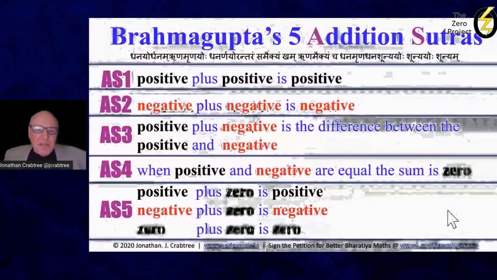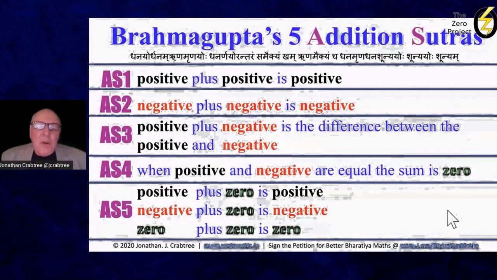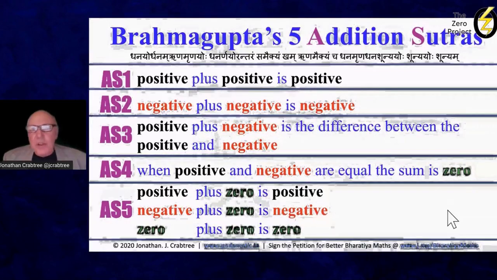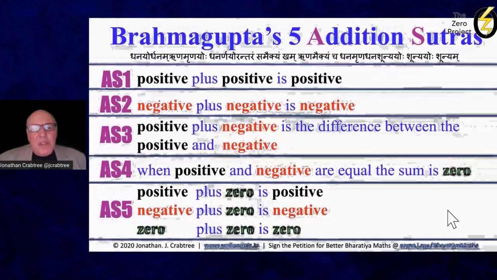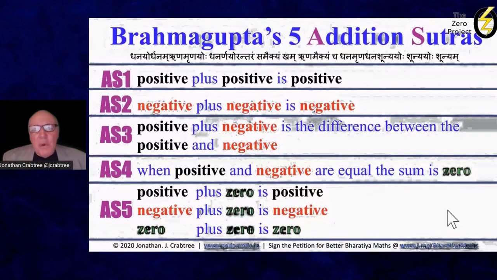What I've done is I've gone into the Sanskrit of Brahmagupta's verses that describe his sutras or his laws of integer arithmetic. Just for the sake of visual convenience, the black words are positive, the red words are negative, and you can see the references to 0, which are neither positive nor negative, in the green.